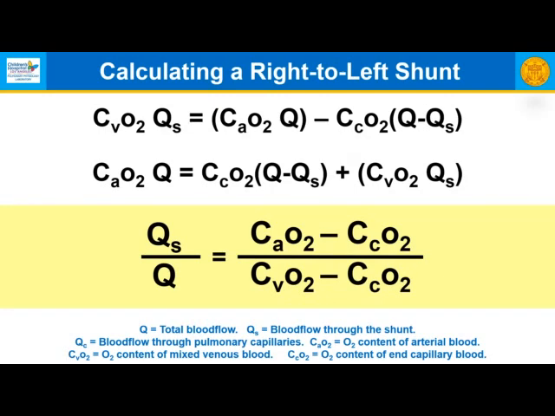So this really is the total amount involved in gas exchange. This really is only the amount that goes through the shunt. And so this gives us the shunt fraction, amount of blood flow going through the shunt versus the total amount of blood flow, shunt and pulmonary.